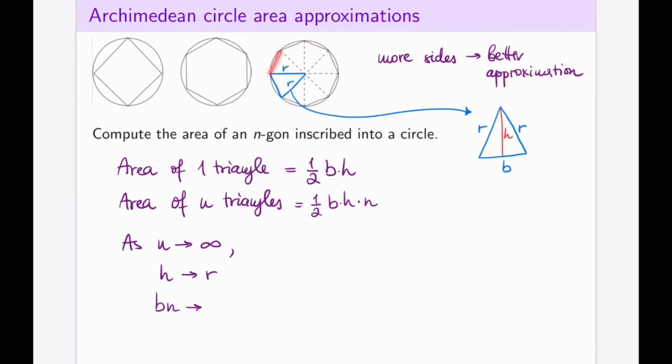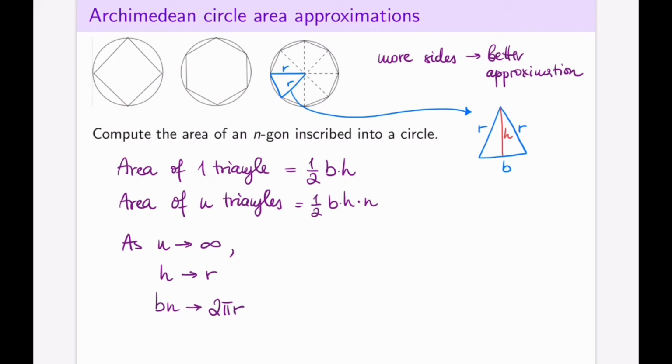As these lengths become shorter and shorter and shorter, they start approximating the circle more and more and more. And adding all of them up will mean that I'm actually approaching the circumference of the circle. The circumference of the circle is 2 pi r.